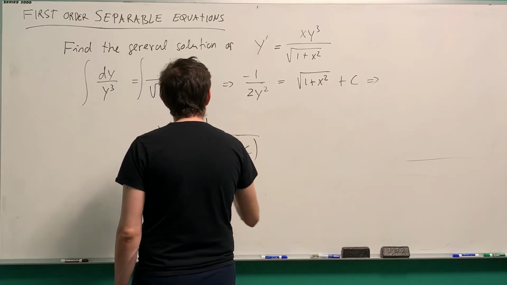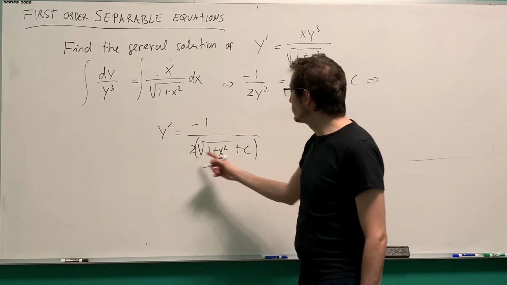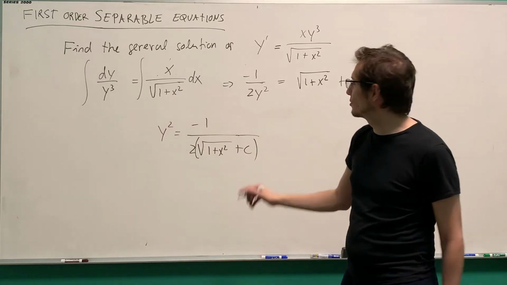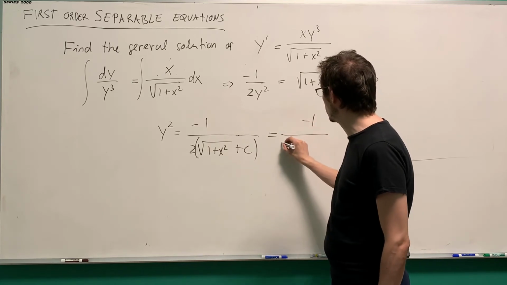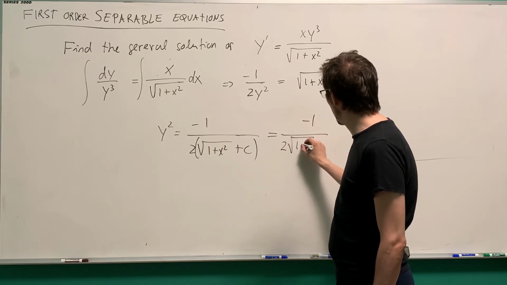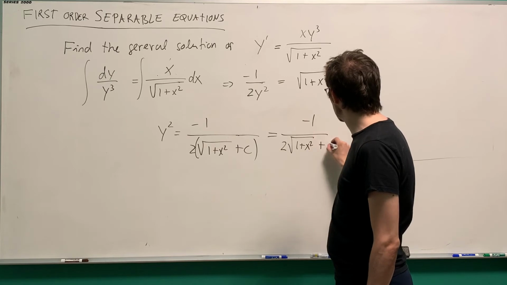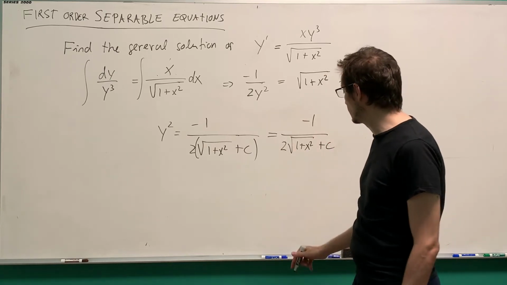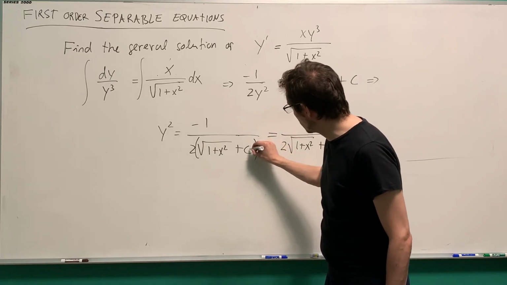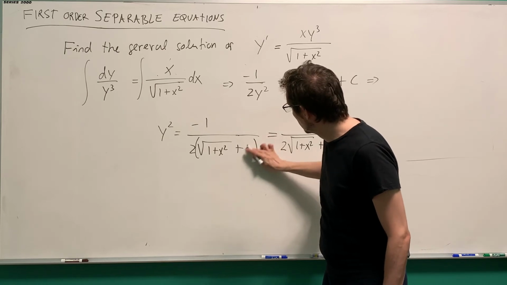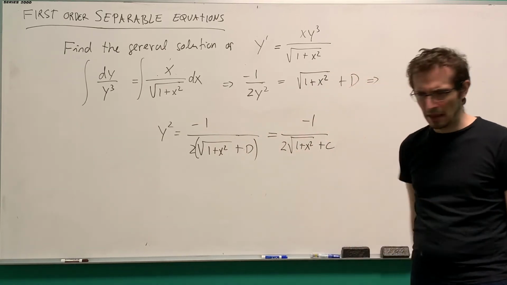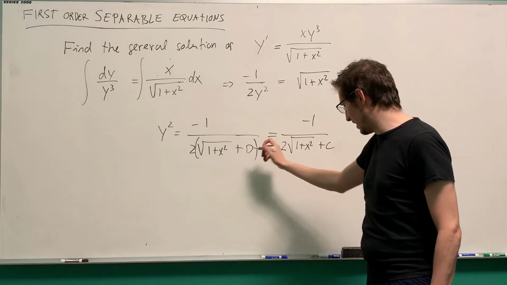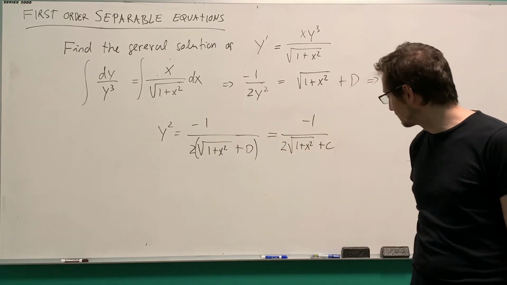A little note here: 2 times c is also a constant, so I can reabsorb the 2 in the integration constant, and say this is just twice the root of 1 plus x squared plus c, since c is an indeterminate constant. If you want, I call this constant c prime, or maybe d, and I define a new constant c that is 2d. Typically we won't be doing that. It's c, and I reabsorb the 2 in the constant.